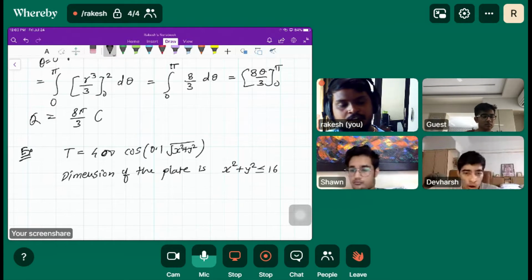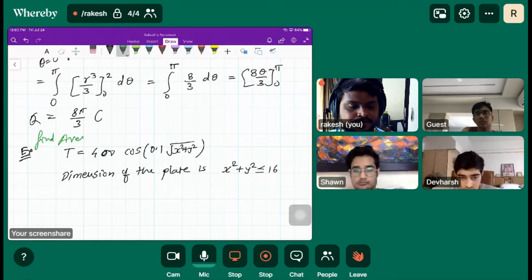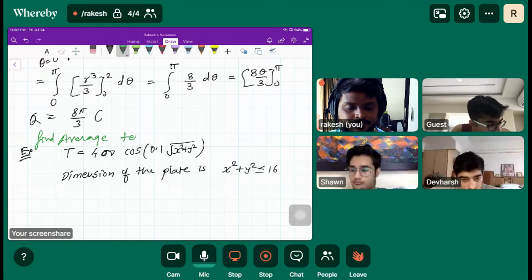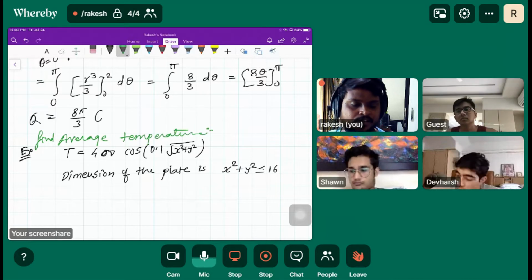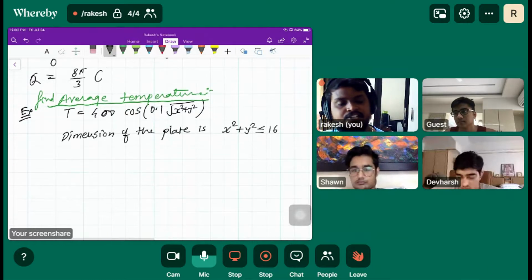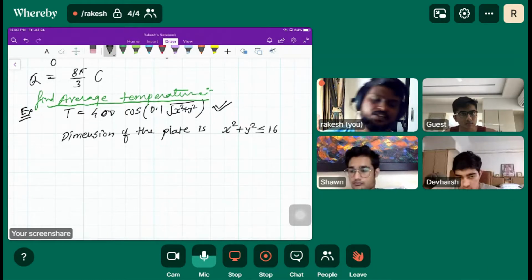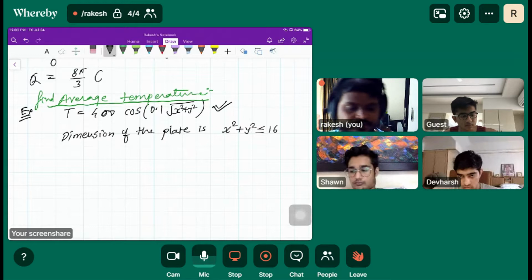Now we have to find out the average temperature. This is the temperature density function, isn't it?